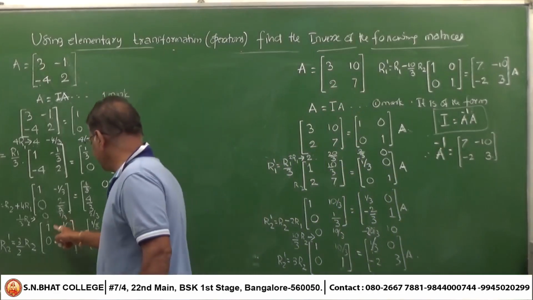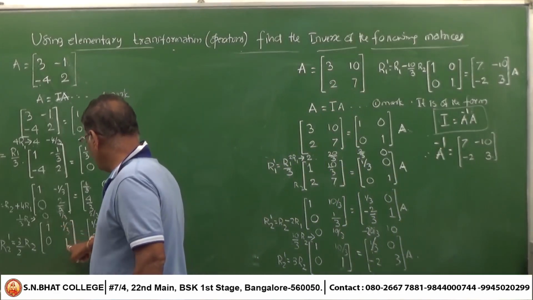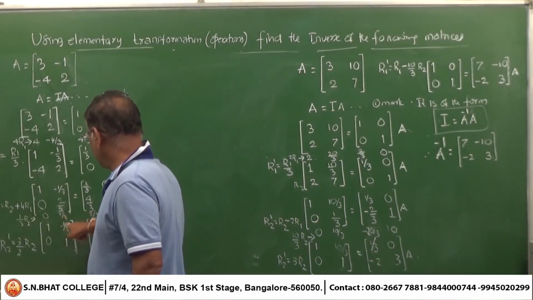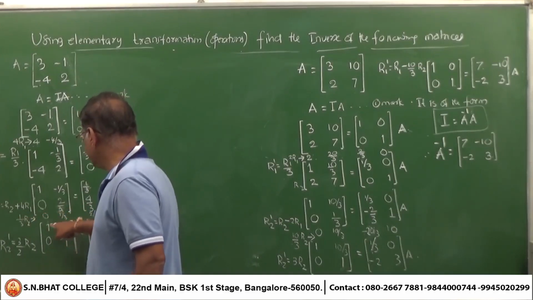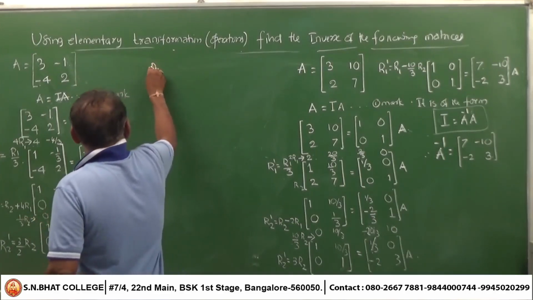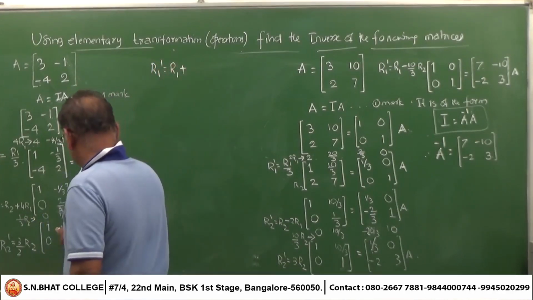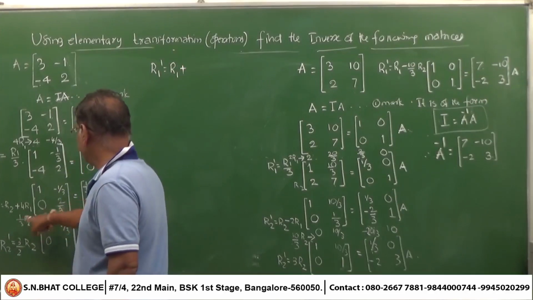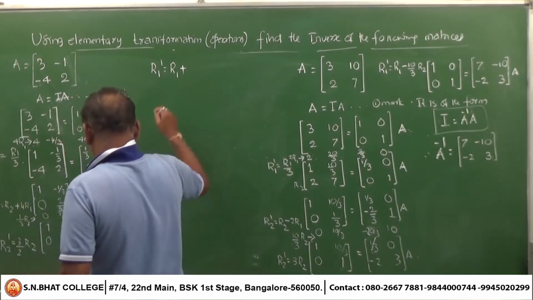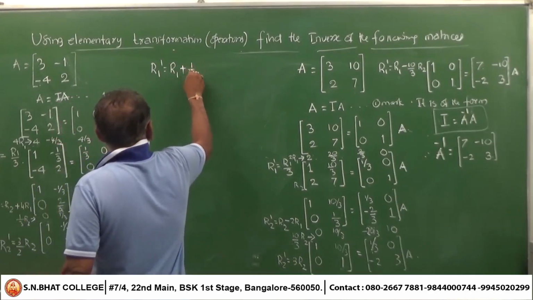Now I have to make this element 0. R1 plus 1 by 3 R2. This element is in R1, so you have to do the row operation for R1. R1 dash is R1 plus, here minus is there, if you add plus it becomes 0, 1 by 3 R2.